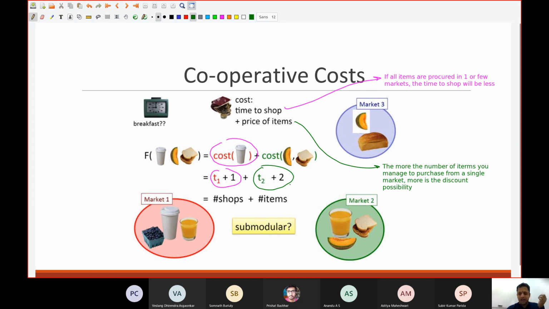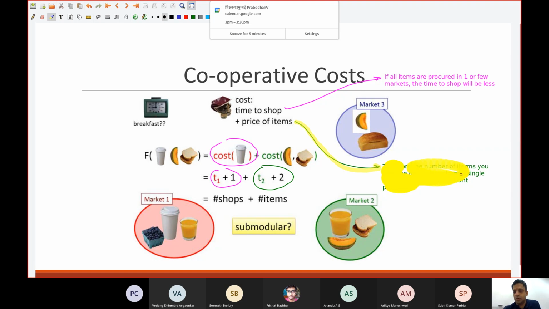I have not really accounted for the discount possibility, so I should change this to something more wishful.